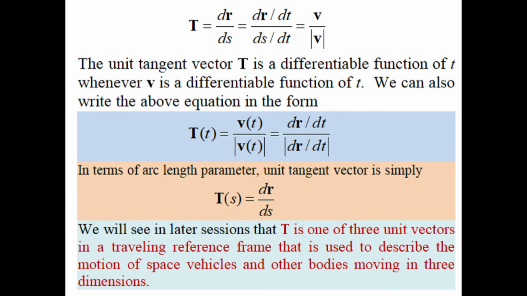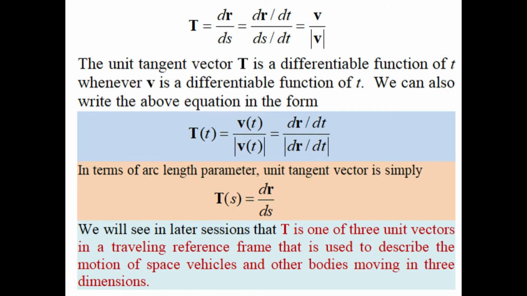See, here you note the point that in terms of the arc length parameter s, the derivative dr by ds simply gives the unit tangent vector. At the same time, if we use the parameter t directly, in order to get the unit tangent vector, what we have to do is find v of t by absolute value of v of t, which is nothing but dr by dt all divided by absolute value of dr by dt.